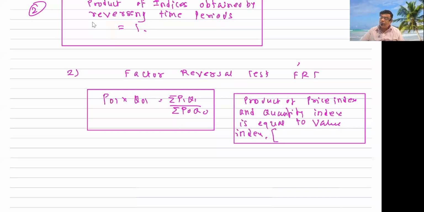And value index means ratio between expenditures in current and base years. Please write down.